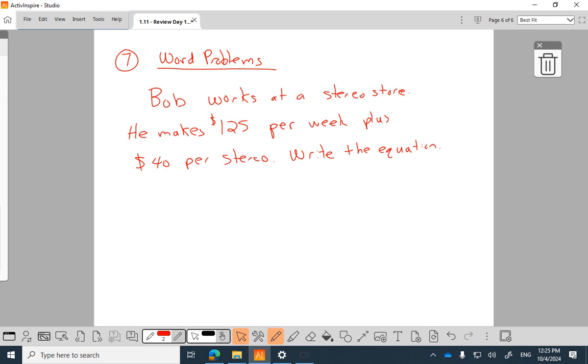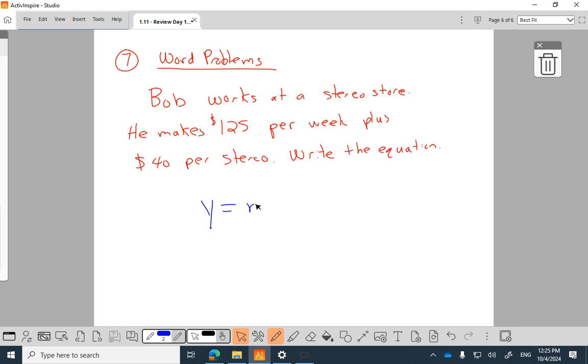Well, there's 2 things for you to figure out in this chapter when doing an equation of one of these situations. What are the 2 things we've been talking about all through the chapter? Y equals mx plus b. Good.